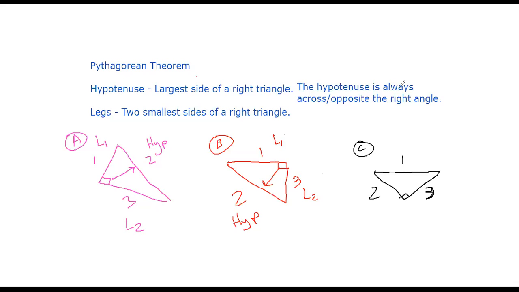If I can get a third volunteer for C, a new volunteer: which are my legs, and which is my hypotenuse?